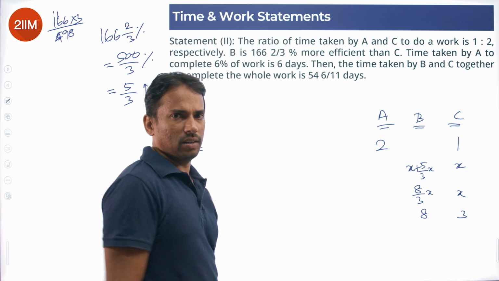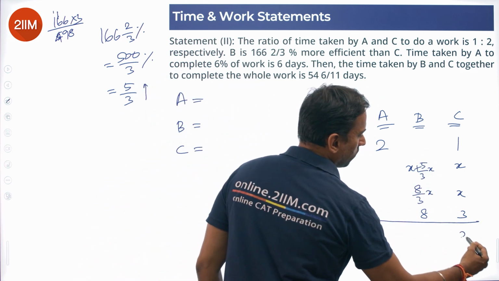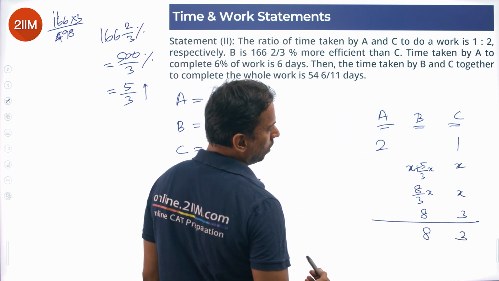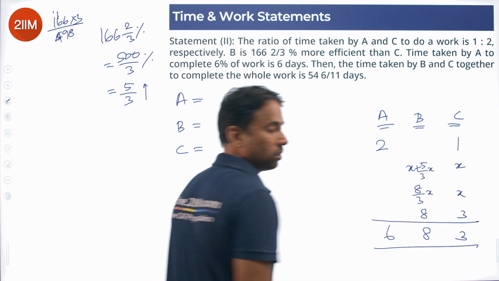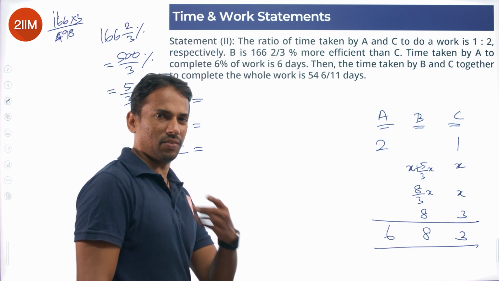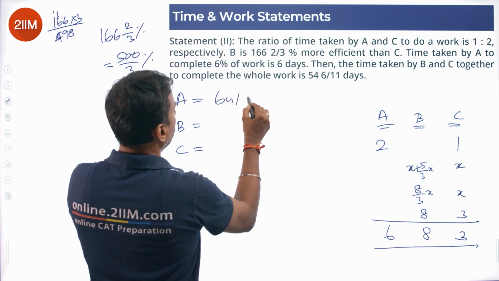Now we'll combine it. If I combine it, let's take C is 3, that means B will become 8, and A will become 1 3s are 3, 2 3s are 6. Super. That means we got their efficiencies. 6:8:3. I'll take the efficiencies straight away. A is some 6 units per day.